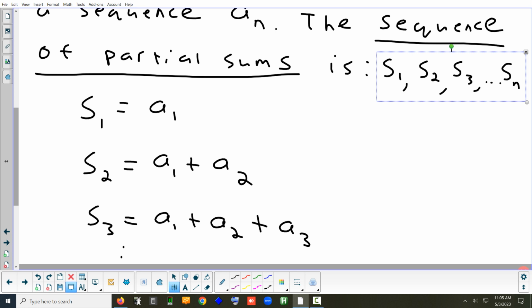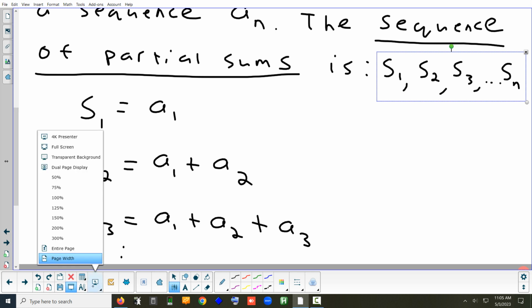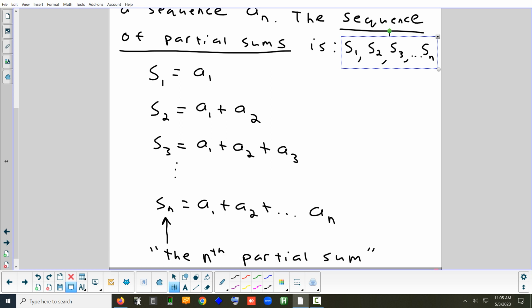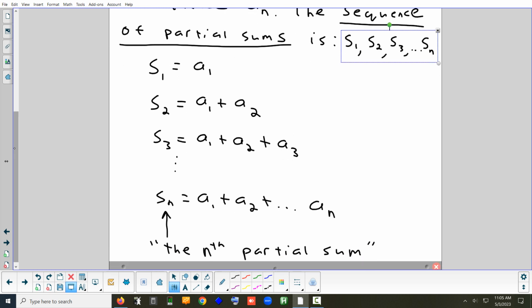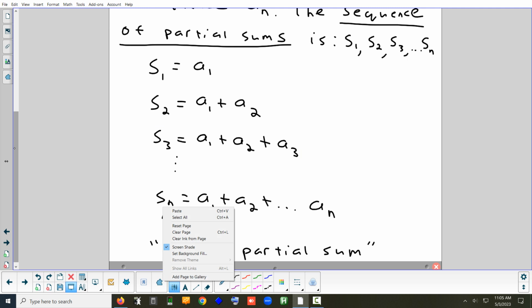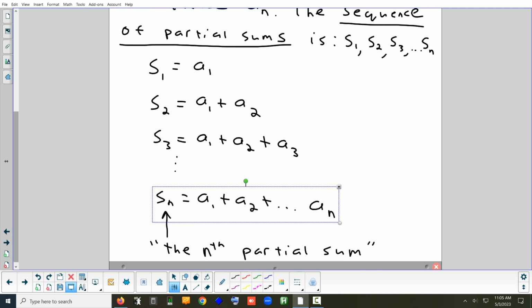S4 is the sum of the first 4. All the way to S sub n. And this is the first partial sum, second partial sum, third partial sum, nth partial sum. The nth partial sum would mean to add up every term in your original sequence, starting at the first term and ending at the nth term, whatever the nth term is.